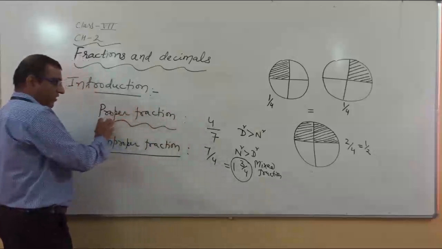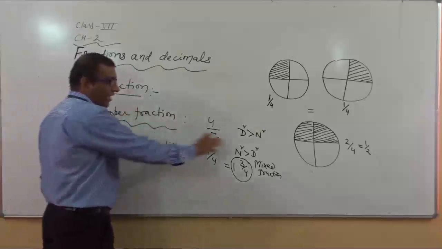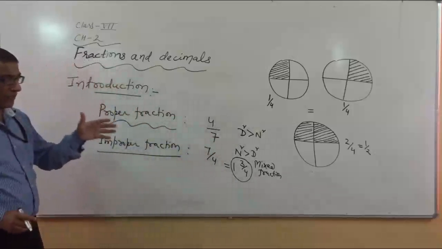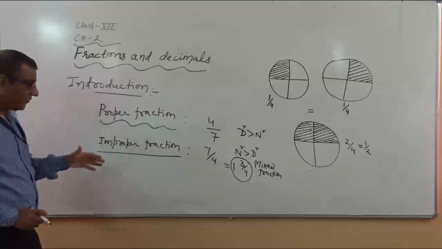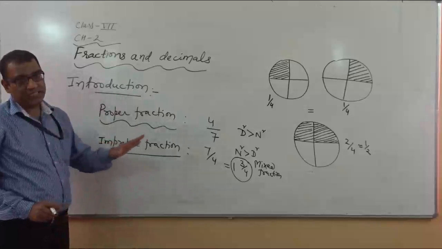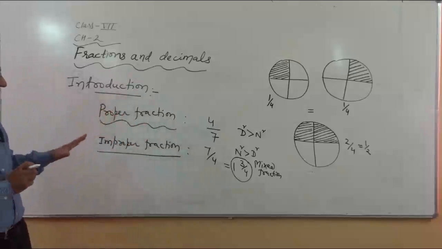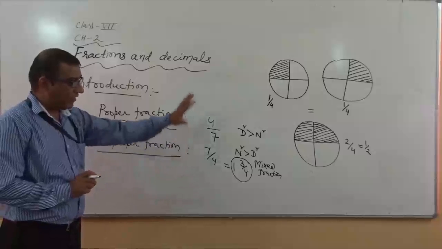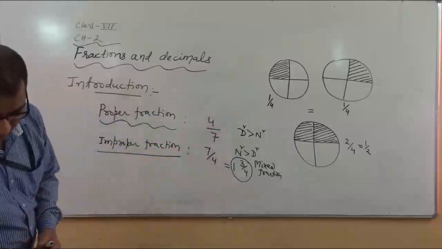If the fraction is a proper fraction, then we can't convert it into a mixed fraction. So if you want to convert a number into a mixed fraction, it must be an improper fraction, otherwise it is not possible. So this is the relationship between proper fractions, improper fractions, and mixed fractions, with some examples and teaching aids.